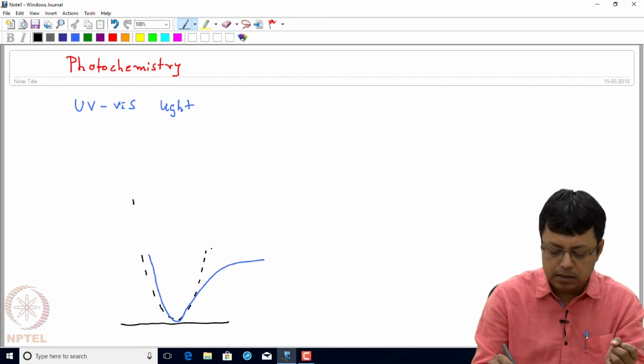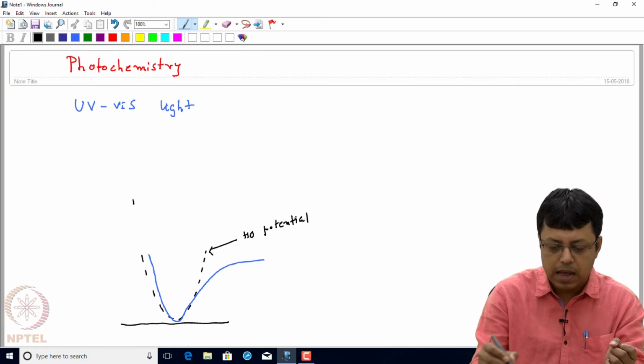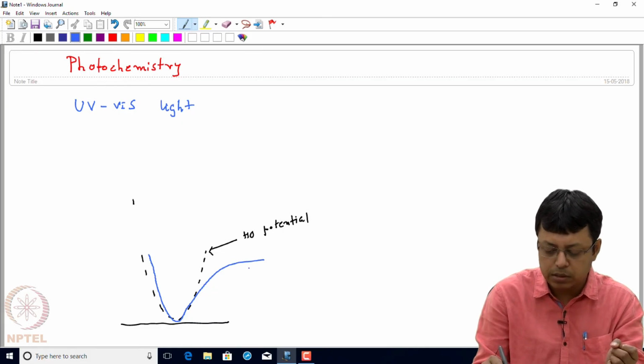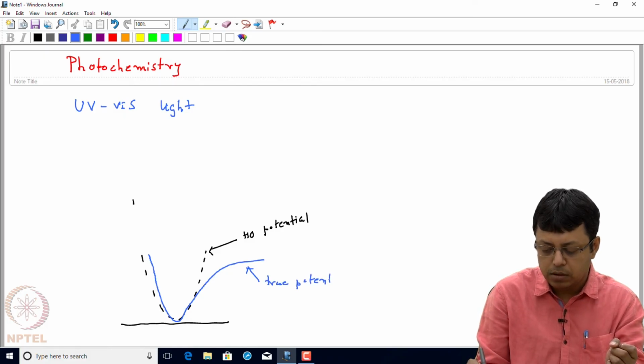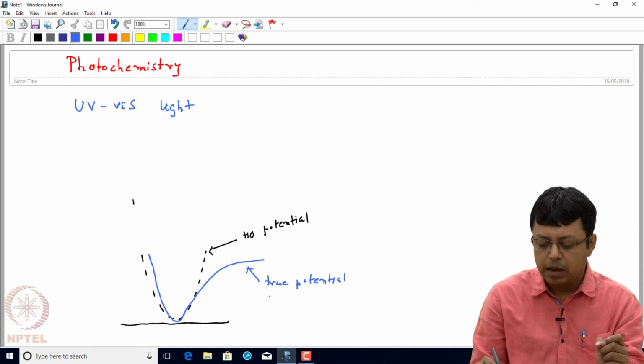So this is the harmonic oscillator potential, and this is the true potential, which can to a very good approximation be approximated by the Morse potential.